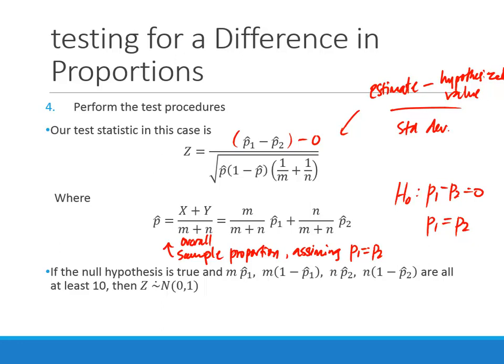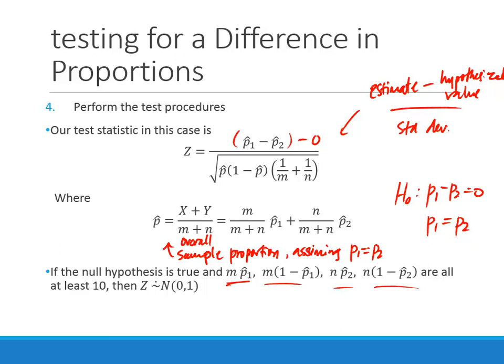Remember, our distributional assumption held as long as our sample sizes were large enough. So we're going to go back to the same criterion that we were looking at before when we dealt with proportions. But now we have two samples, right? So we need both of our sample sizes to be large enough. Our test statistic will have that standard normal distribution as long as those four checks are true.